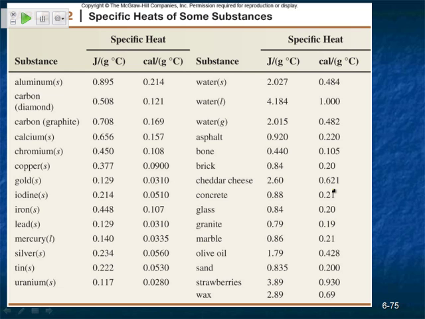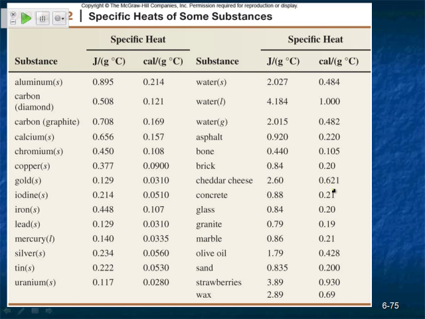A lot less, right? When you think about real life, if you want to heat, let's say 1 gram of water versus 1 gram of a metal, okay? Which one will take more time if you are using the same source? Metal might take less amount of heat. That's what the specific heat says.